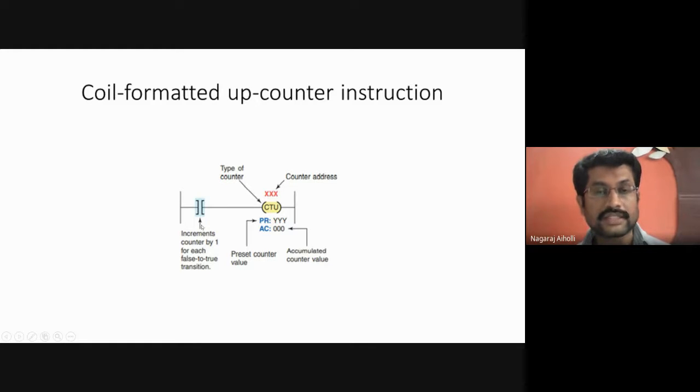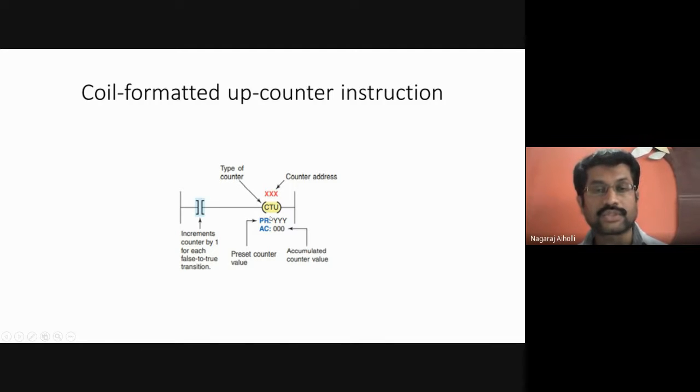As this contact gets closed, as it goes from 0 to 1, there is a transition from false to true state. The rung also becomes true. That rung will become true as this contact gets closed, that means it goes from false state to true state, or from 0 state to 1 state. The rung will become true.